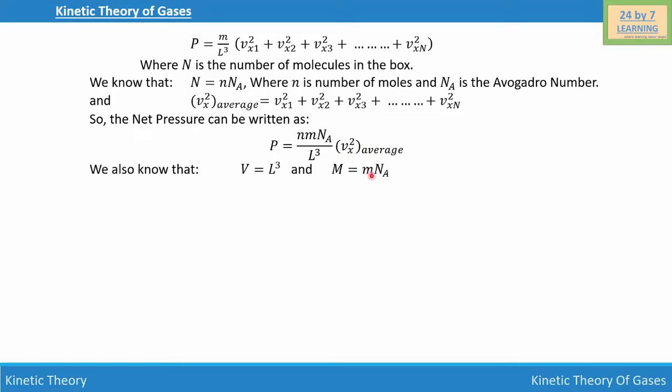We know that the molecules are moving in all different directions. So we have v square equals vx square plus vy square plus vz square.